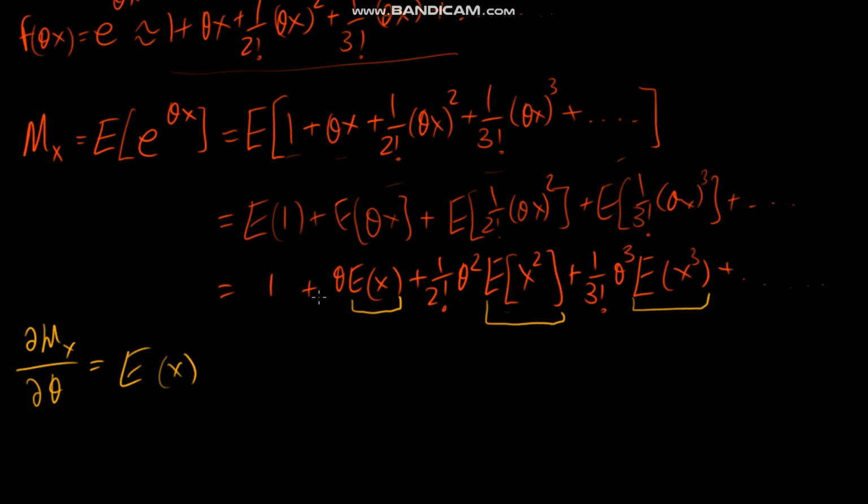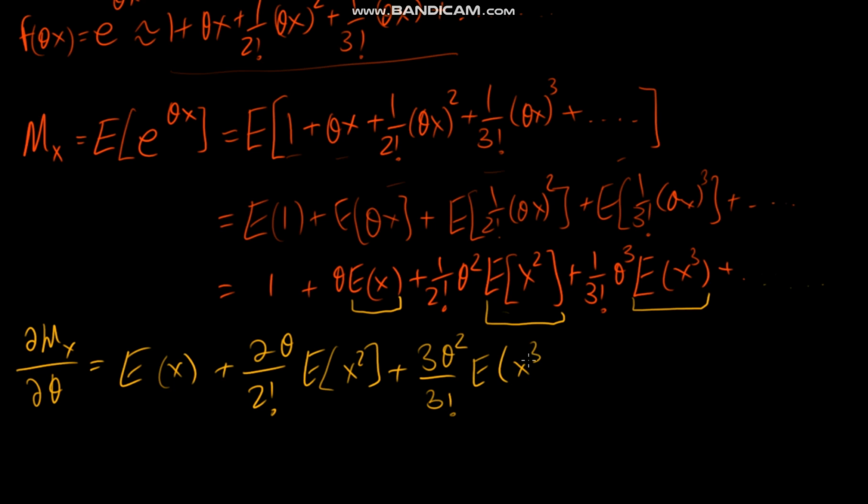Here we'll get 2 theta divided by 2 factorial times the expectation of x squared, plus deriving this with respect to theta will give us 3 theta squared over 3 factorial times the expectation of x to the third, and so on and so forth.